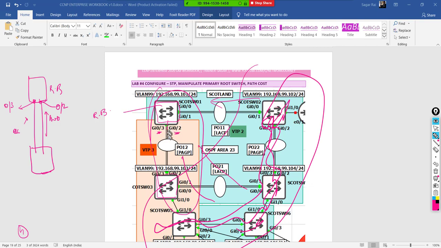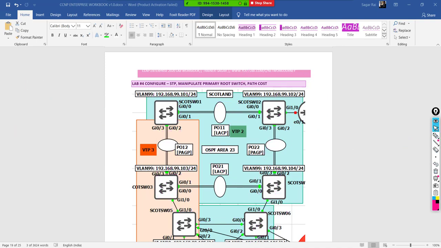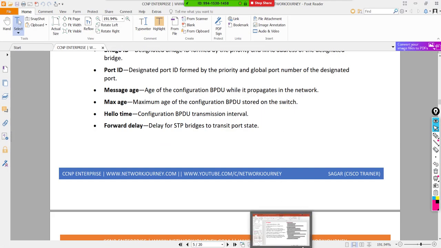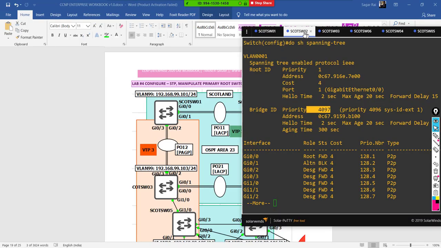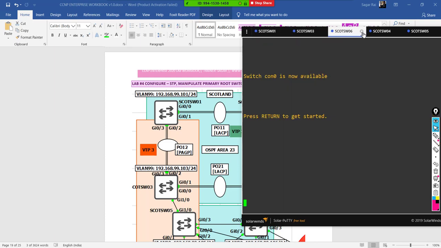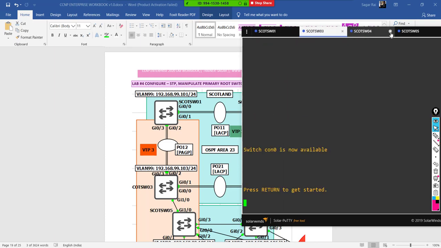In this case, this one will win the election and this one will be blocked. Okay, so we can see that behavior by taking the console of the boxes. As of now, I'll take out all other things because I have already tested it. Now it's between the first switch and the third switch.